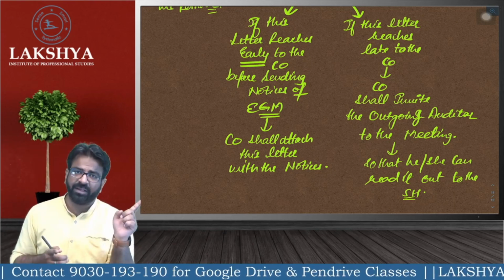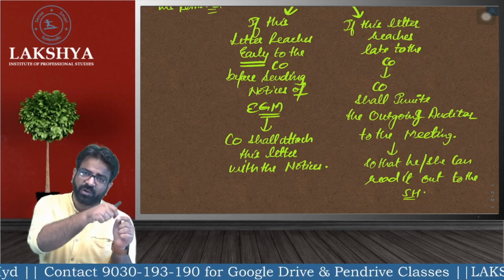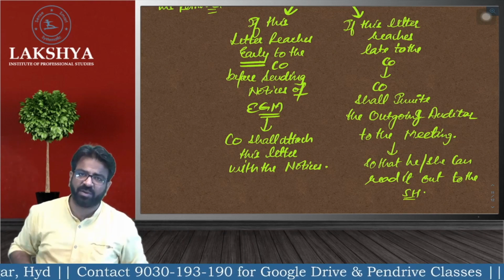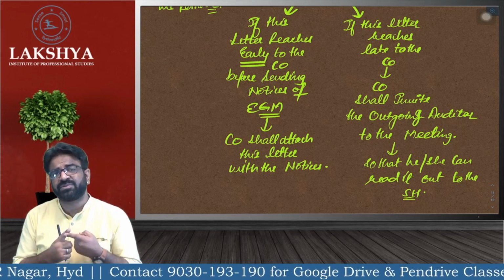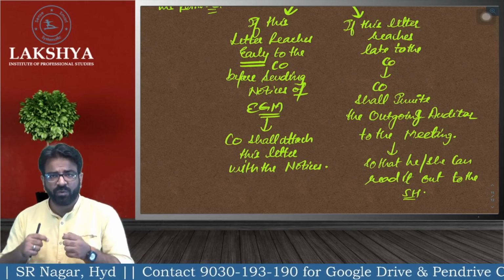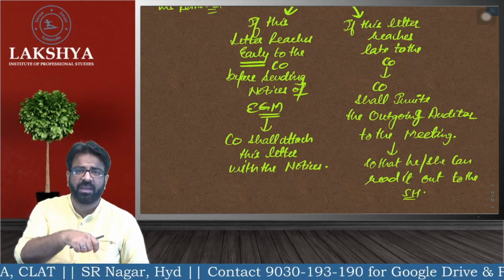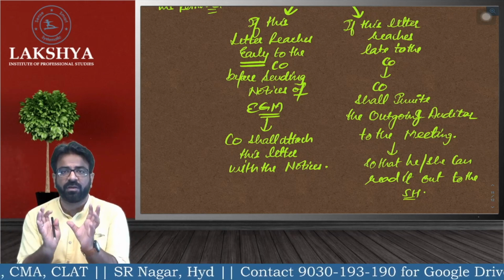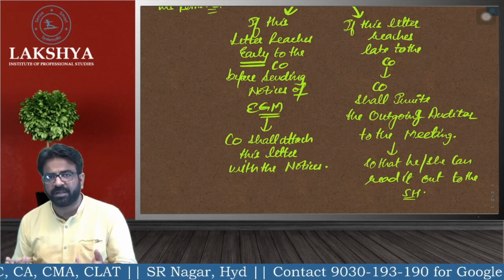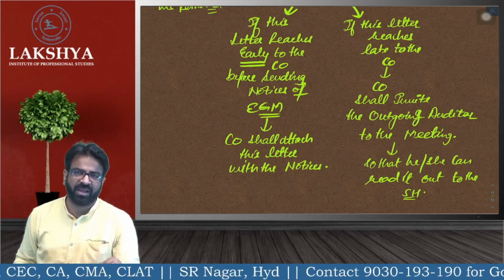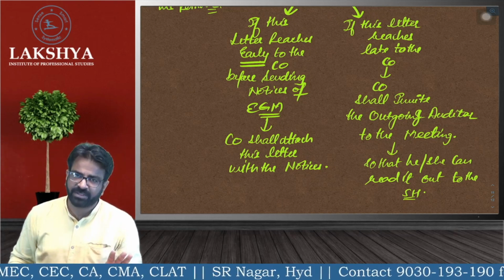If it comes early, we attach it with the notices of EGM and send it to the members. But now this letter reaches the company late, so we invite him to that particular meeting and give him a slot where he will read out this letter to the shareholders of the company. I hope everyone is clear, crystal clear.